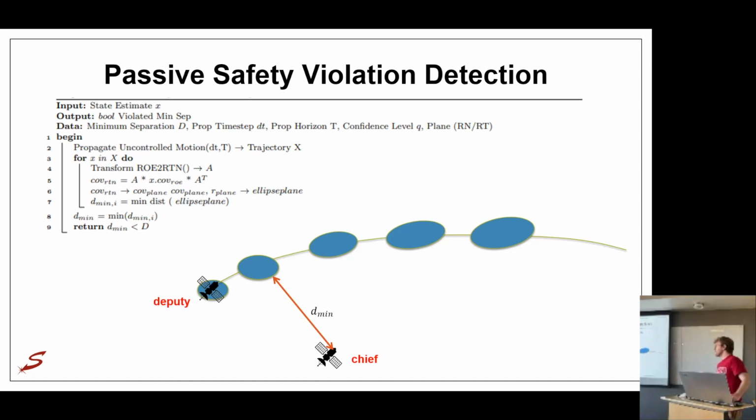And this allows us to say not specifically a probability of the spacecraft colliding, but a probability that the spacecraft maintain a minimum distance. So instead of directly estimating the collision probability, we are guaranteeing a minimum separation threshold over this horizon. And a violation of this threshold is what we consider a passive safety violation rather than an instantaneous violation of the separation.